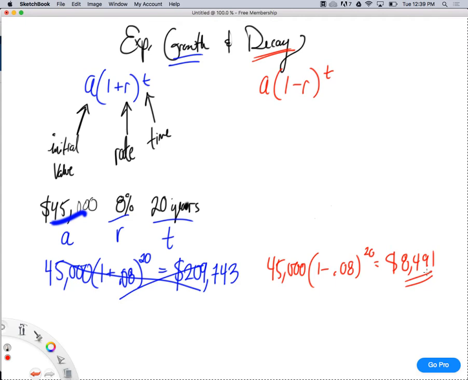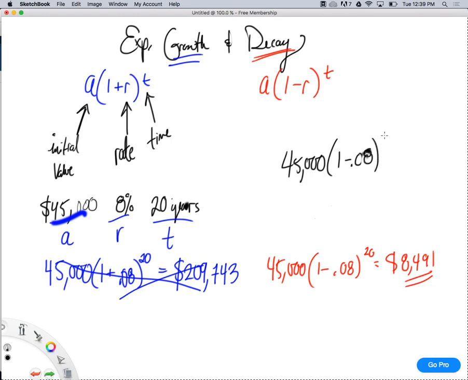Okay, so we inadvertently saw exponential growth. We also saw exponential decay. Another thing that I could do is ask you the same question, but say, give me the form of the function that would tell me how much the car is worth after t years. In this case, it would be 45,000 times 1 minus 0.08 to the t power.